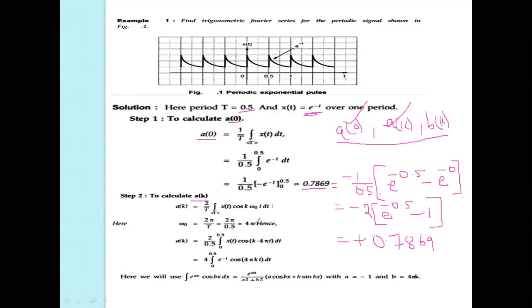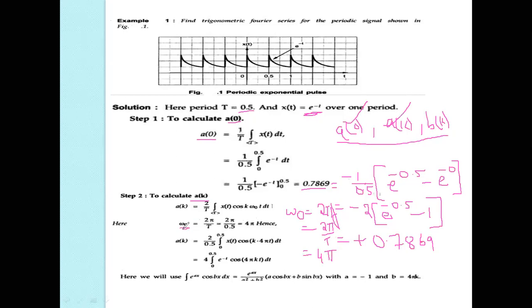What is the cos k omega naught t? Omega naught is equal to 2 pi f. We already know 2 pi f. F has an inverse relation with time, so it is 2 pi by T. What is the T here? The time period is 0.5. So 2 by 1 by 2, total it is 4 pi.